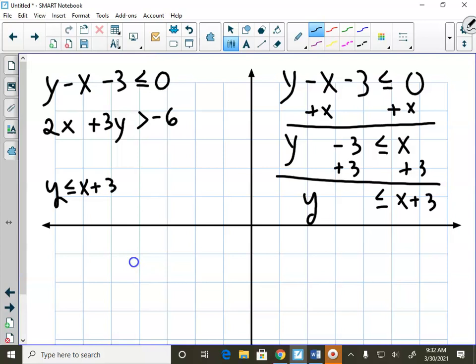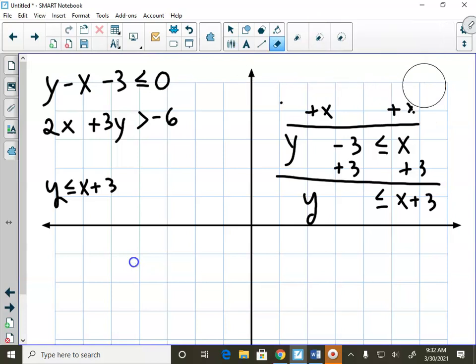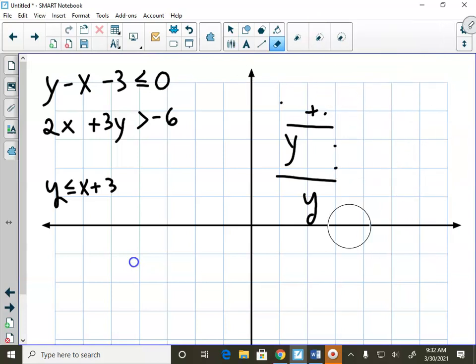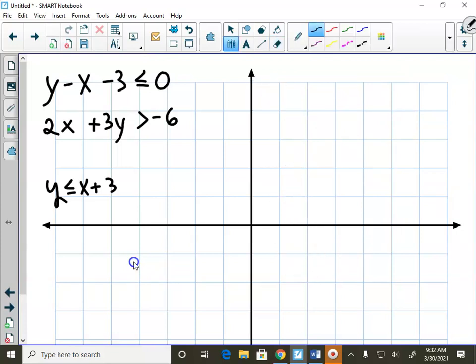Okay? Now we're going to turn the other equation, which is sort of in standard form there, into slope-intercept form also. Again, this is something you guys already know, so this shouldn't be that hard for you to do. The first thing we're going to do is subtract 2x from both sides.